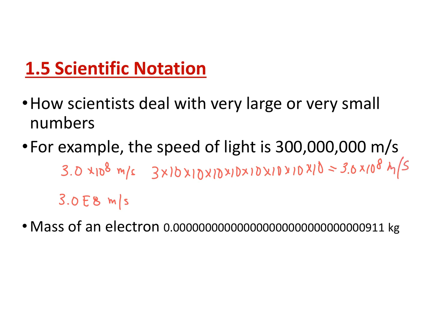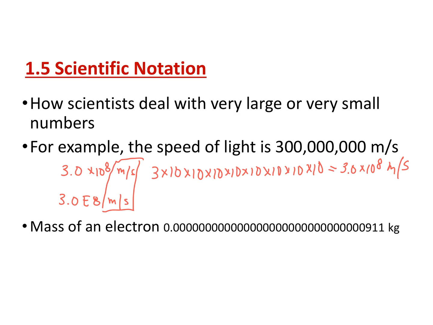Both of those ways of writing it are correct, and it's a lot easier to write 3 times 10 to the 8th or 3e8 to indicate 300 million. And yes, we cannot forget our units, so I need to indicate what I am measuring: meters per second.